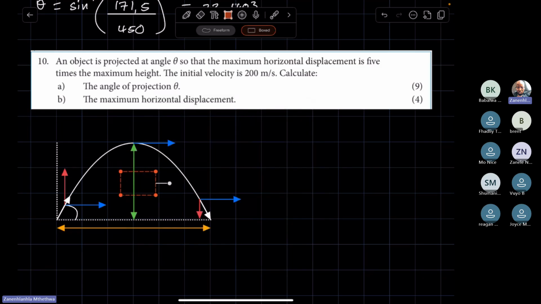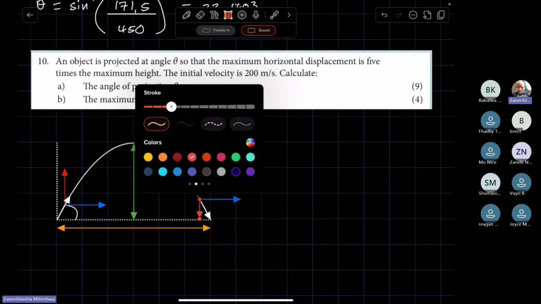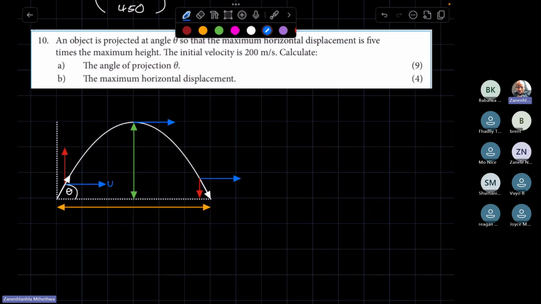We have an angle theta here, and then we know that's UH, that's UH. This is H max. This is Uy. This is Vy, which is 0 meters per second.